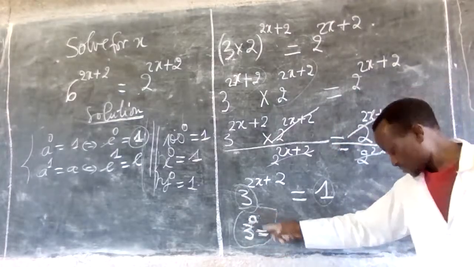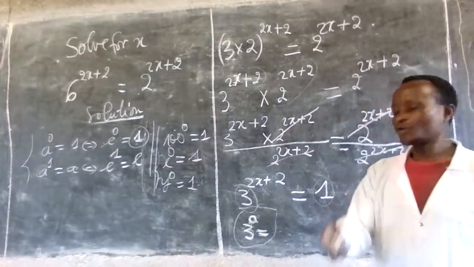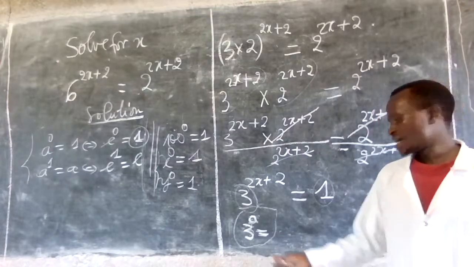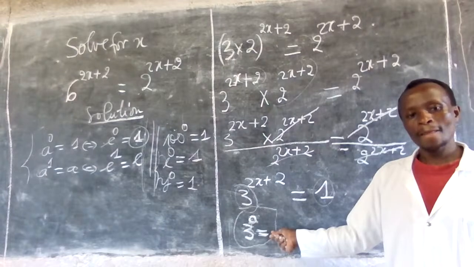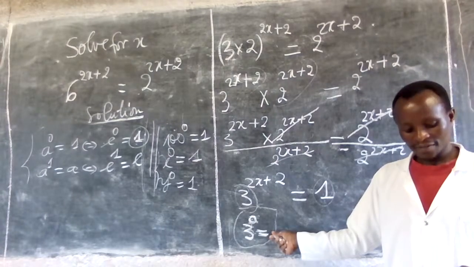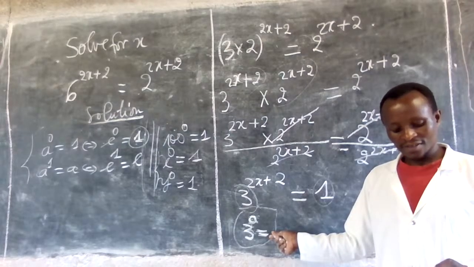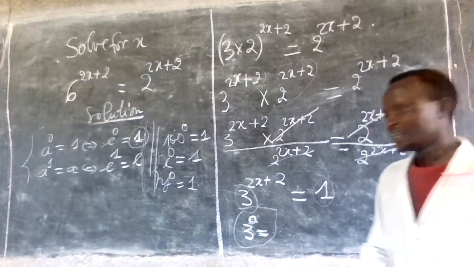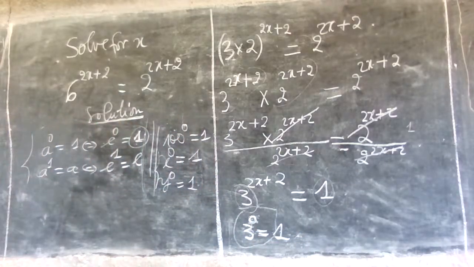What is the answer? Any number power 0, I have explained it before. Write in the comment. Now, 3 power 0 is equal to 1. Please, I missed your answer in the comment.